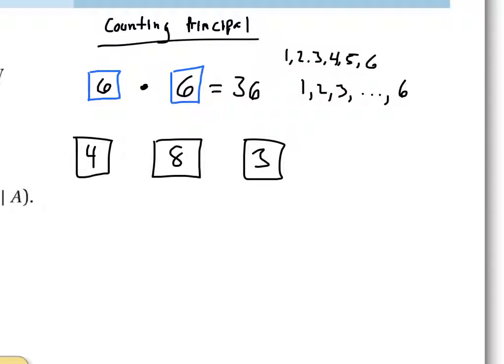Well, how many different meals could you have there? How many different options do you have to choose from if there are 4 appetizers, 8 entrees, and 3 desserts? We multiply these things together. You can say 12 times 8, you can take 32 times 3. There are 96 different meals that you can make.